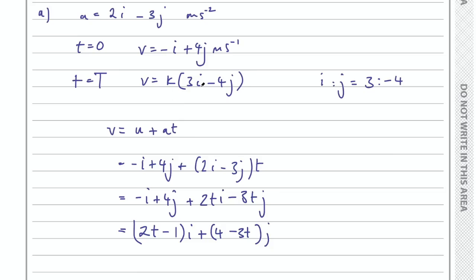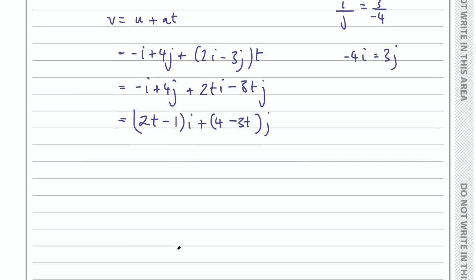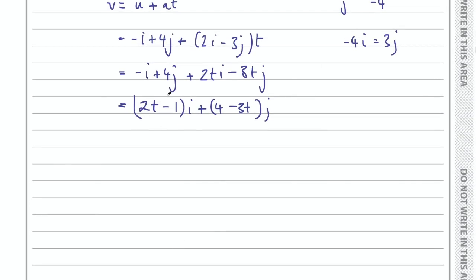Comparing it to this one here, I know that the coefficients of i and j need to be in the ratio 3 to negative 4. Another way of stating this is if you rearrange this, or I could write it like this, i on j equals 3 on negative 4, and then negative 4i equals 3j. So they're the coefficients, so I need the negative 4 times the coefficient of i.